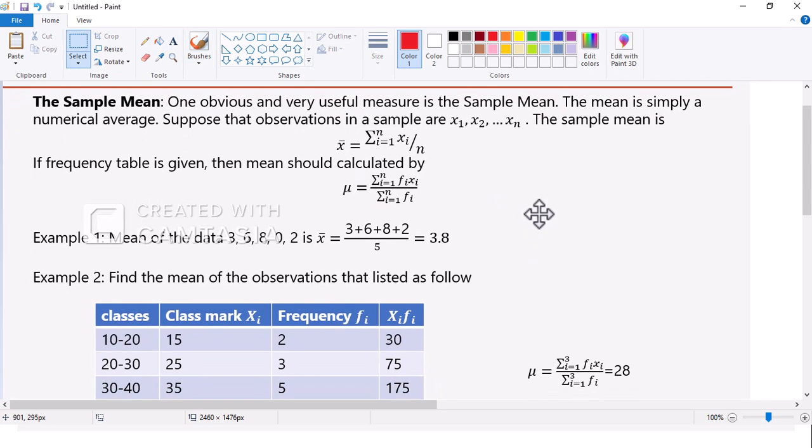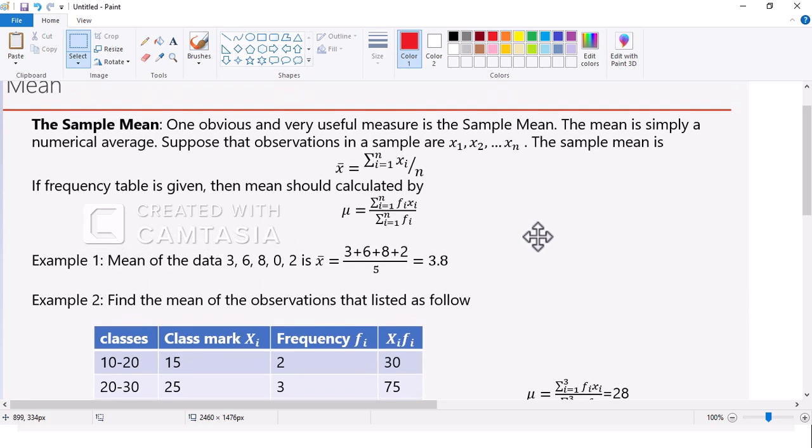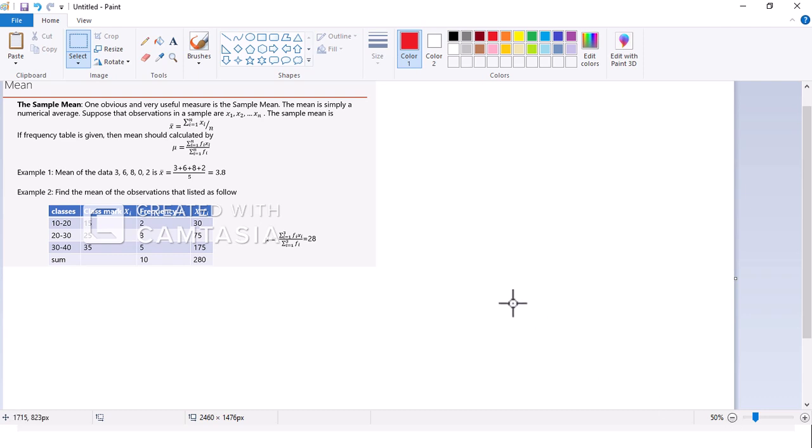In the next slide we will discuss the mean of a set of numbers, the sample mean. As I said, for any type of measurement we will discuss two cases. One case is when raw data are given.